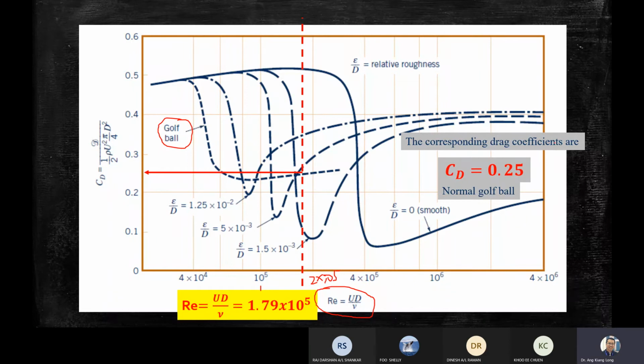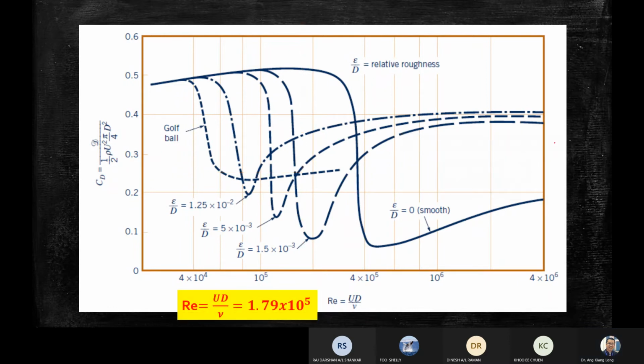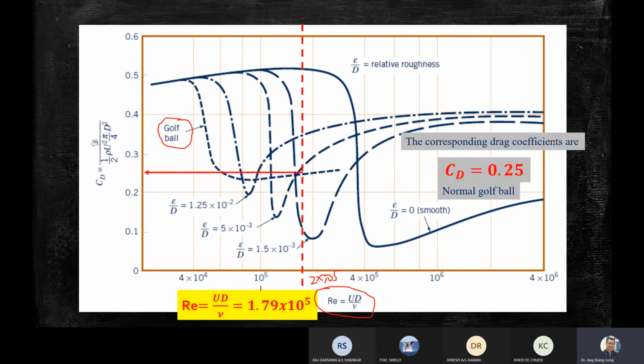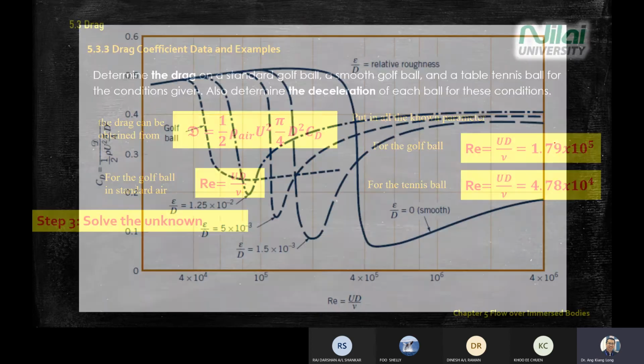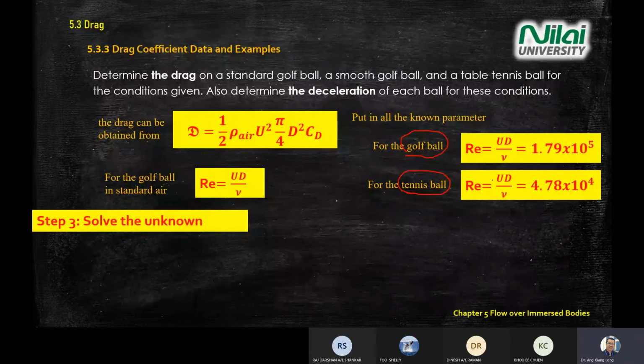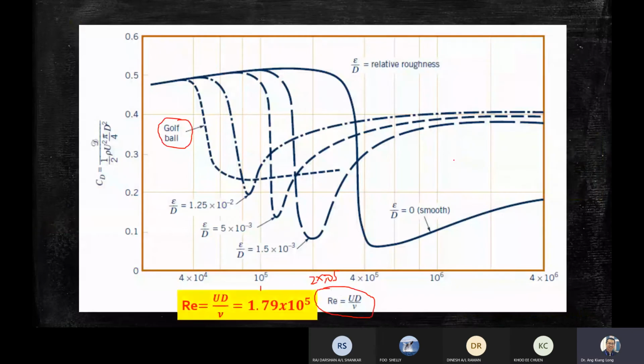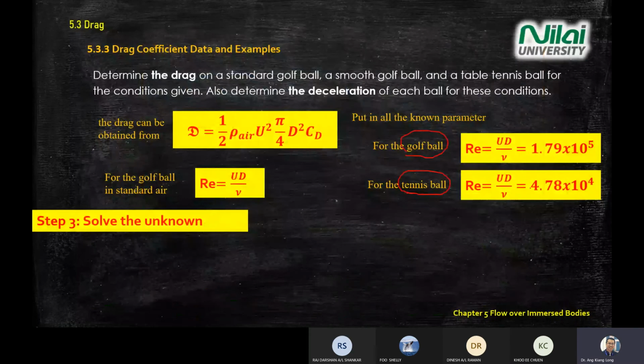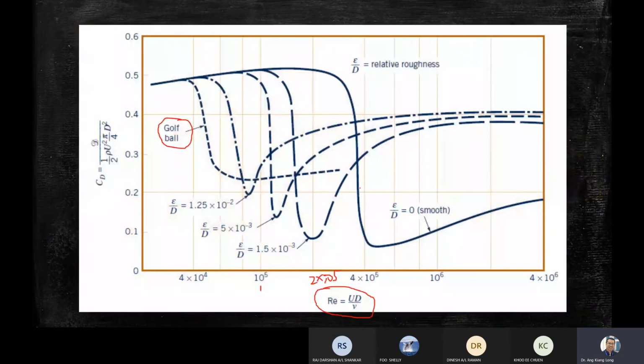Stop me if you're not able to follow. First, we found the normal golf ball. Second, 1.79 is for the golf ball, sorry, for just now it's 1.79. The second one is a smooth golf ball, so again we use the same 1.79.